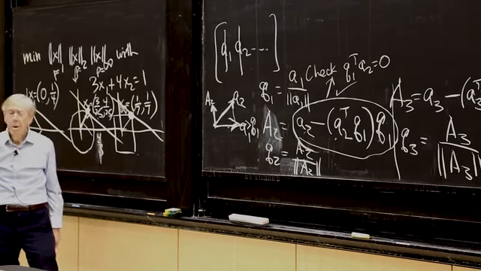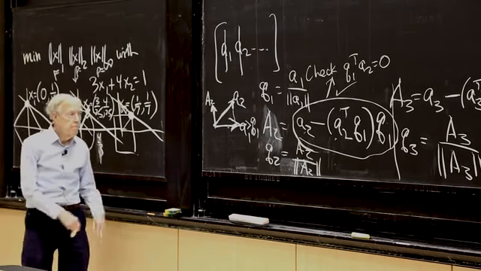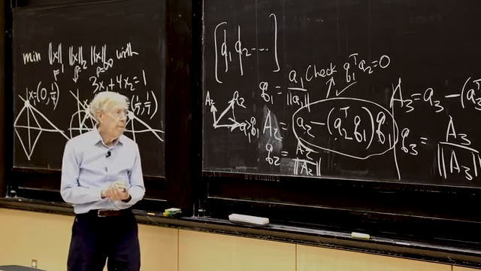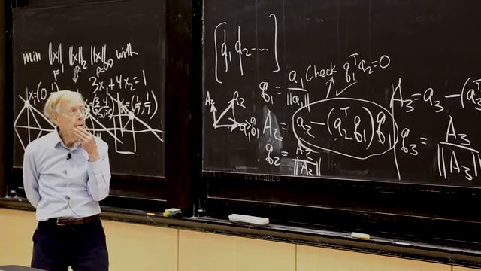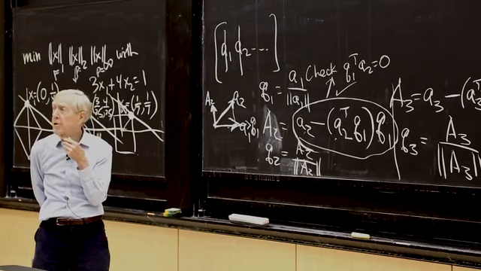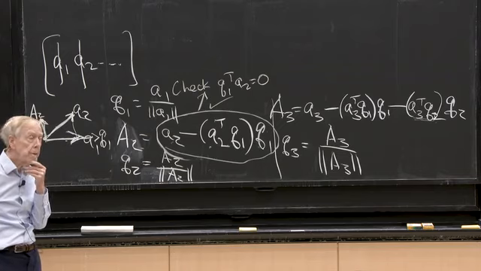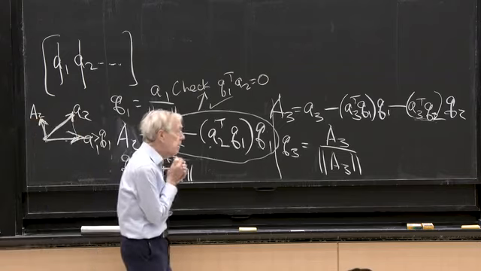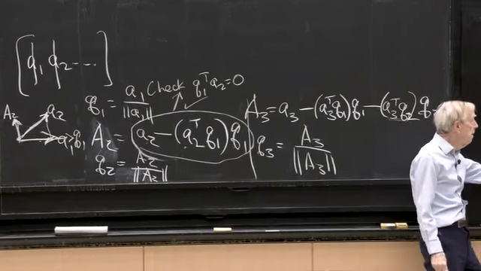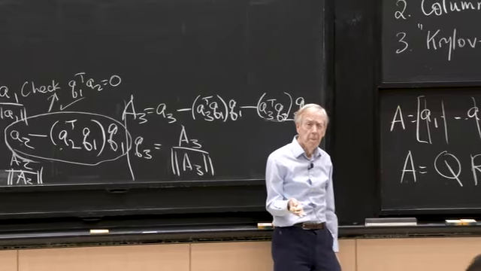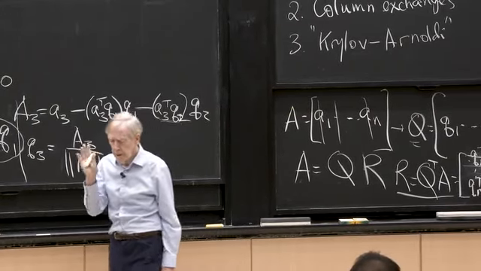Okay, that's Gram-Schmidt. Standard Gram-Schmidt, which you have met before. Now I'm ready for a better Gram-Schmidt. What's going to be the difference? Here I took the A's in their original order. Now, suppose I did that with elimination.